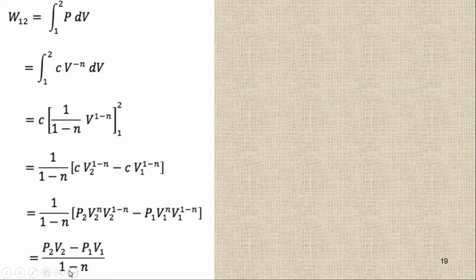So something upon 0 will be infinity. It means I cannot use this formula for the isothermal process, because n equal to 1 is for the isothermal process. So in any case, if we have an isothermal process, then this formula is not valid. For the isothermal process, I have to use the basic formula, which is P1 V1 ln(V2 upon V1). So this is the boundary work for the polytropic process.